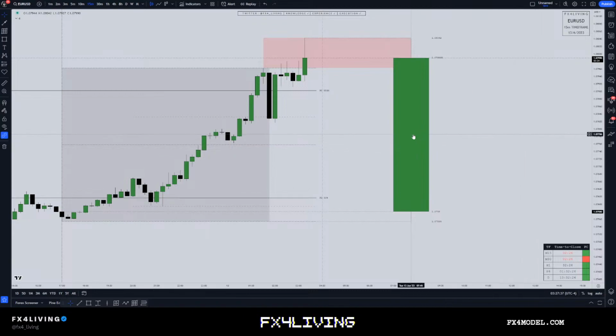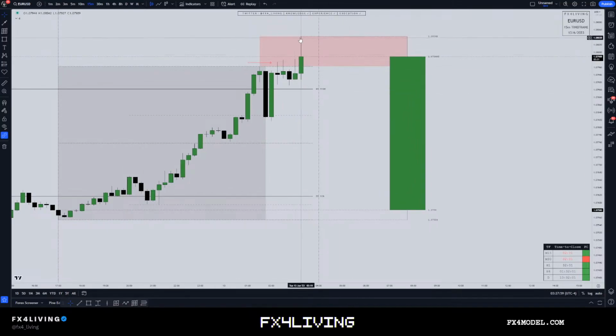And that's the thing. The banks know that. Look, they know there's a lot of buy stops here, you know? They're not stupid, bro. They're watching the order book, and they see there's a lot of people wanting to buy here. Perfect. What are they going to do? They're going to push against them.